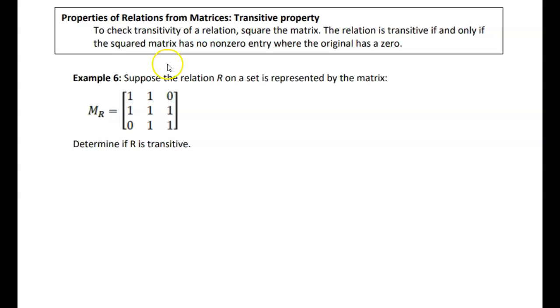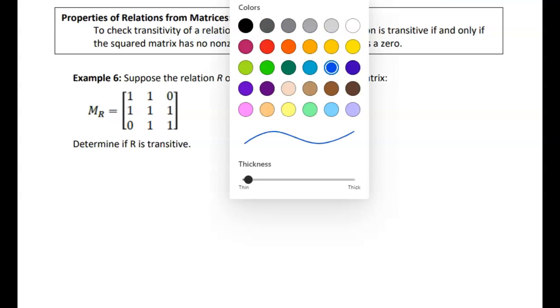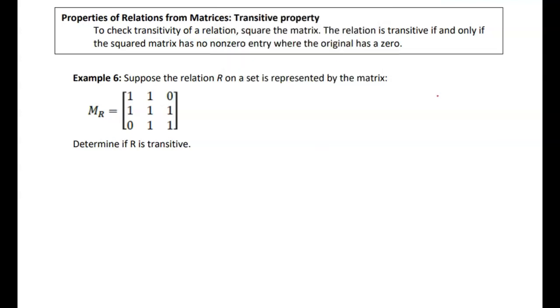So the relation turns out to be transitive if and only if the squared matrix has no non-zero entry where the original has a zero.